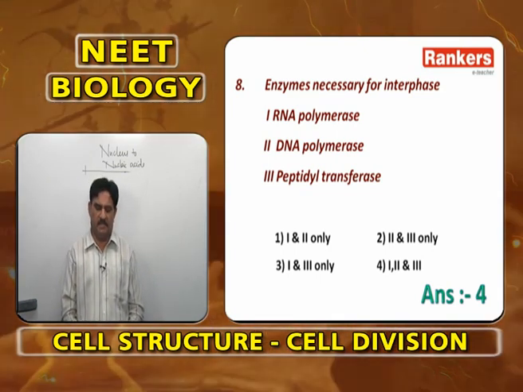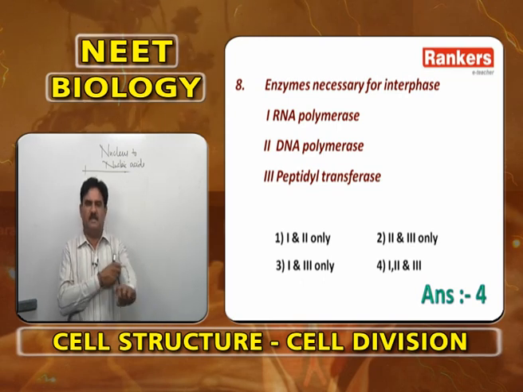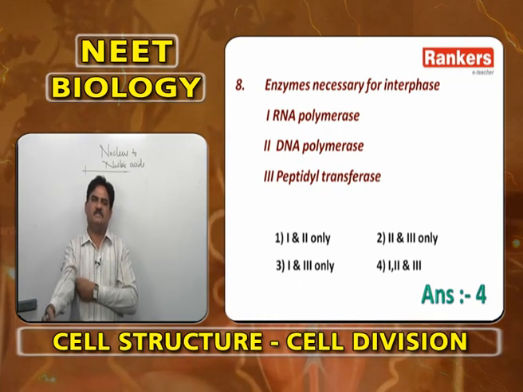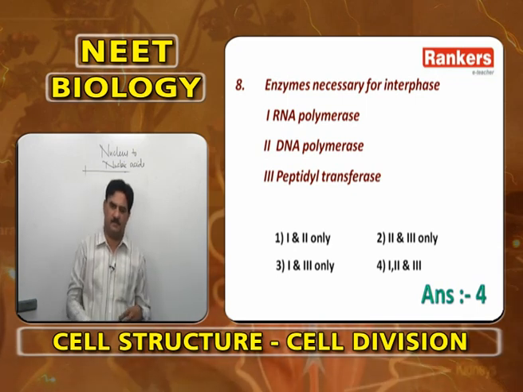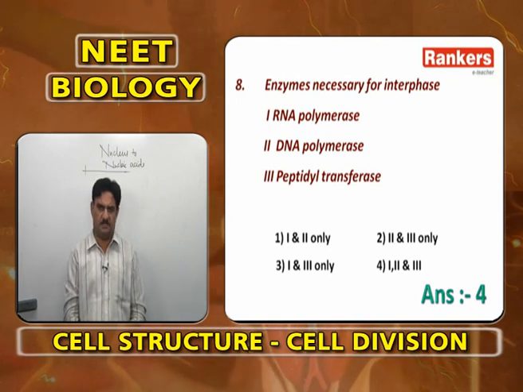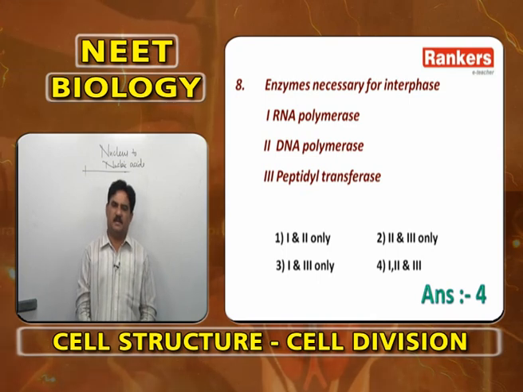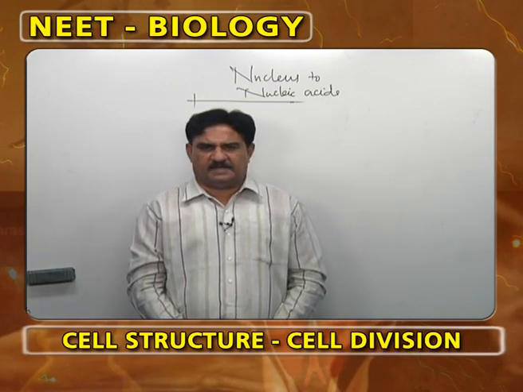I will repeat. Interphase is the resting phase only for the nucleus, not for the cell. It makes a cell get ready for cell division. It is studied in 3 substages: G1, S, G2. In G1, RNA and protein synthesis takes place, which requires RNA polymerase and peptidyl transferase.